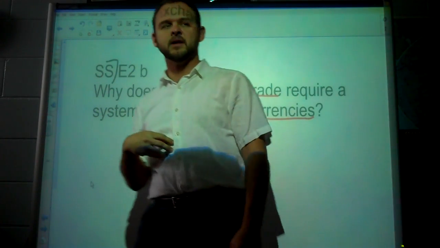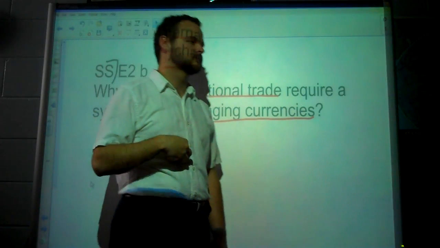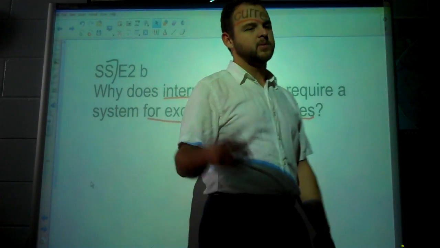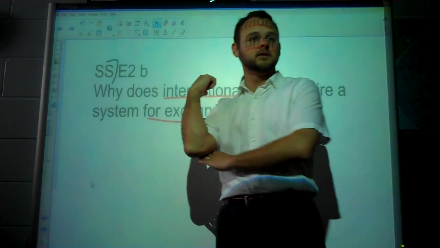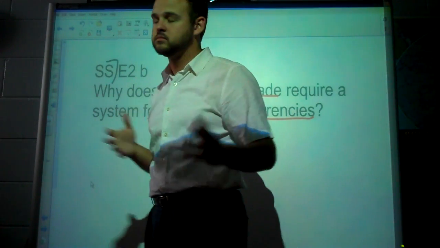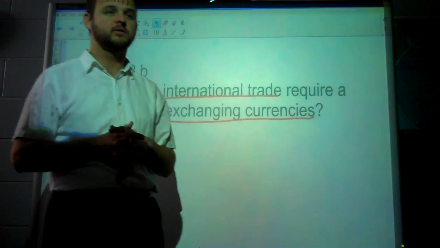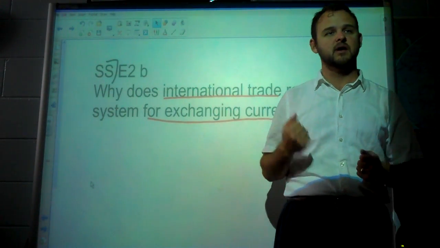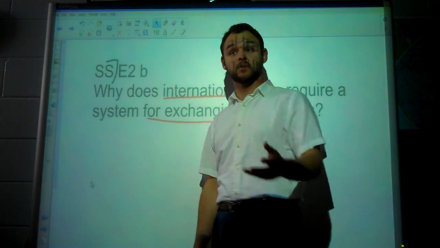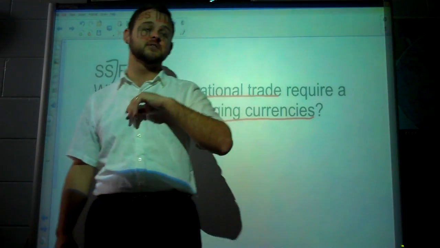Let's say I'm a businessman, and I sell tires. And another businessman has a tire shop in Brazil. He wants my tires. So I take a boatload of tires down to Brazil. It costs me a lot of money just to get down there with the tires.